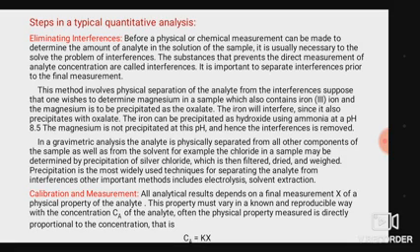What is the physical separation? It means the interference is removed by physical means. For example, if an ore contains magnesium and iron, and you are going to analyze the magnesium, you can remove the interference by precipitation.